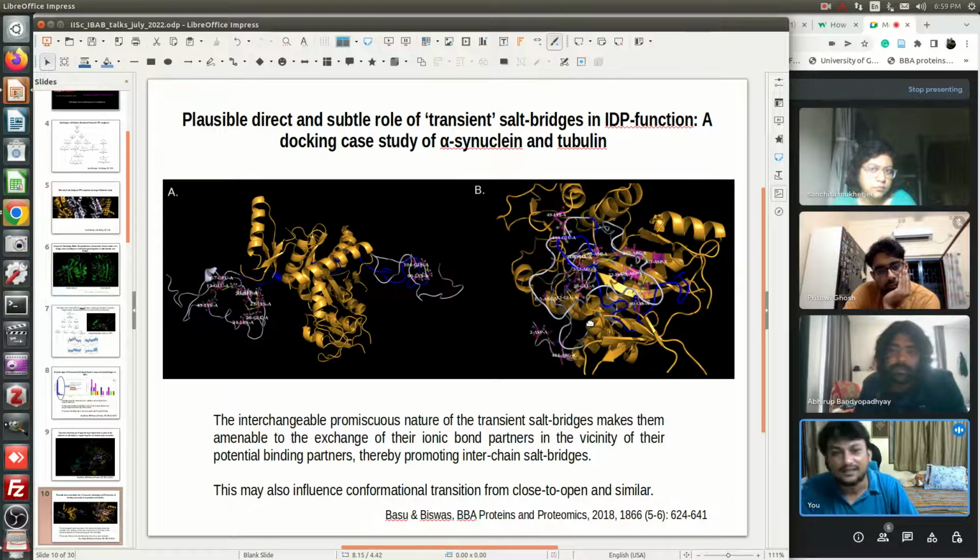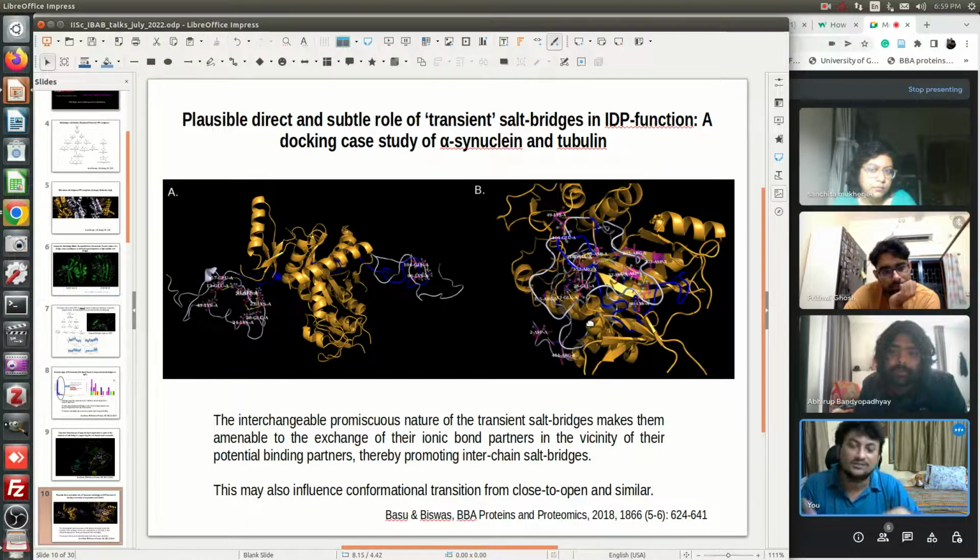That probably makes sense, because they are constantly forming and collapsing, playing this kind of breathing motion within the IDP structure, which makes them amenable and accessible to formation and interchange of their ionic bonds. And whenever there is a proper binding partner, they welcome it. They have the potential to do so.